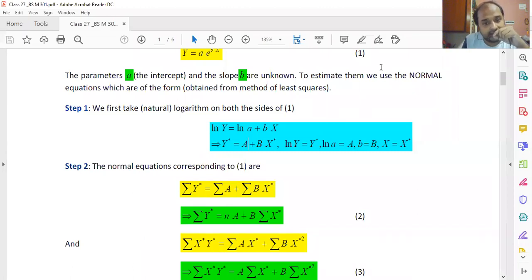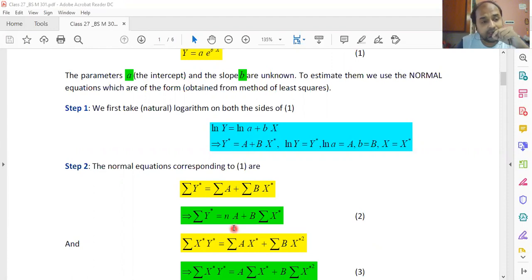B is a constant quantity, it comes outside, and it becomes B into summation x star, and A is constant, it comes outside the summation, so it becomes n times A. So summation y star equals n times capital A plus B times summation x star becomes your first normal equation, represented in equation 2.